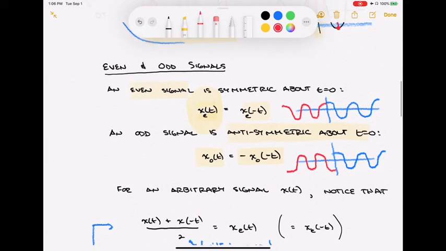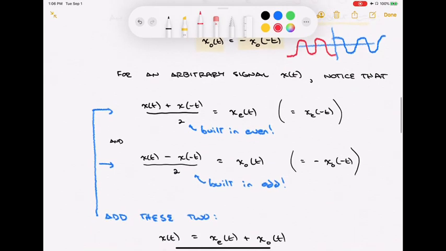For an arbitrary signal, x of t, so we're going to look at any old signal. It doesn't have to have any symmetry built into it. We can notice a few things. If I take a signal, x of t, and I add to it its reflection and divide by 2, this whole definition has built-in evenness. That necessarily is equal to its own reflection.